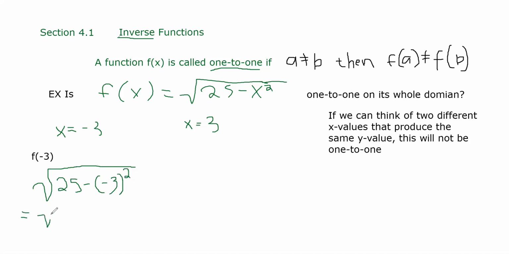And we just work out the math a little bit. -3 squared becomes +9. 25 minus 9 is 16. So we're just left with the square root of 16, which is 4. So an x value of negative 3 produces a y value of 4. Because when you plug it into the function, you get 4.